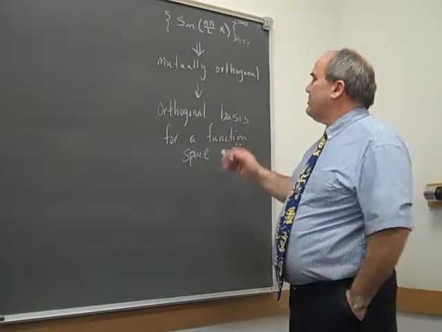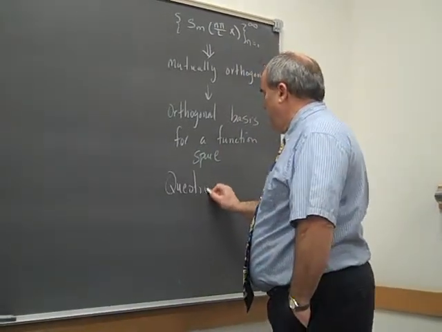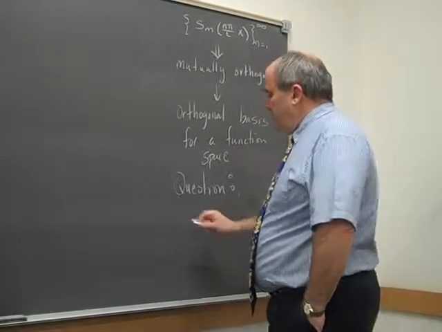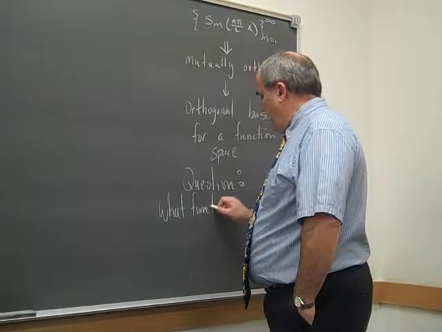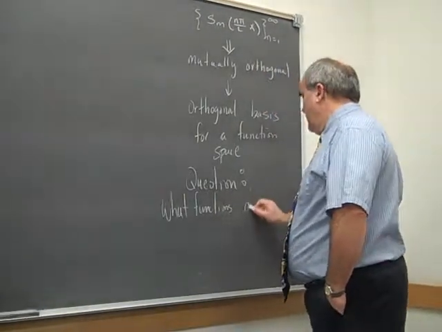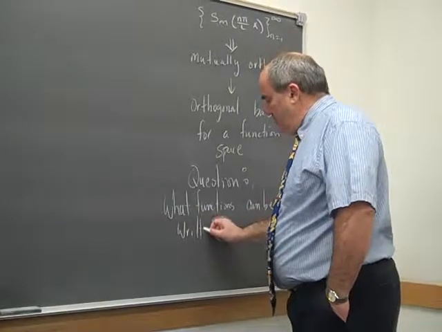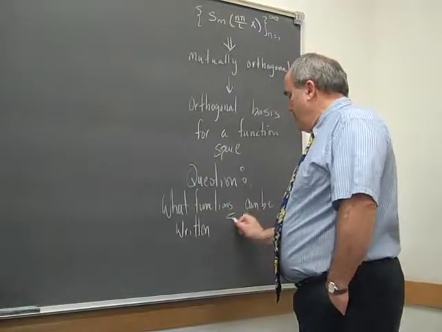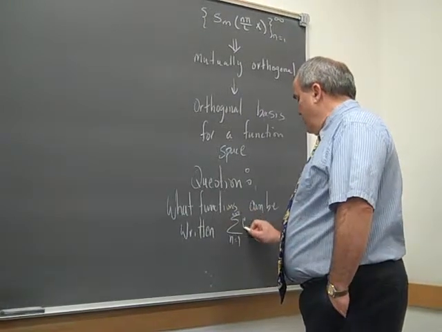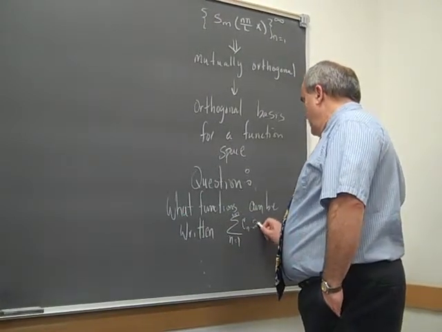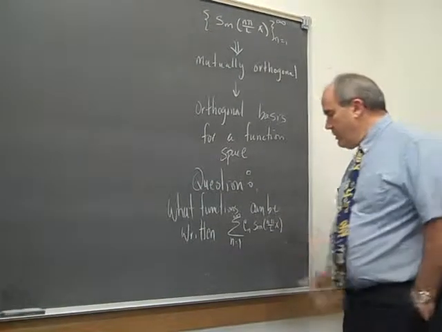And so the real question we're dealing with is what functions can be written as a sum, from n equals 1 to infinity, of c sub n sine of n pi x over L. Now, what can we get away with?